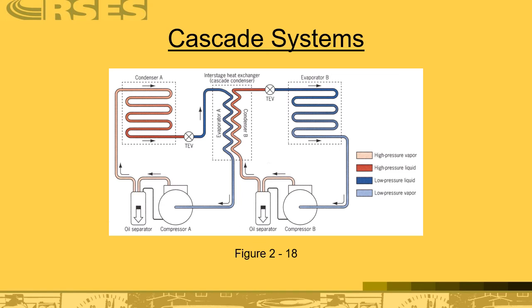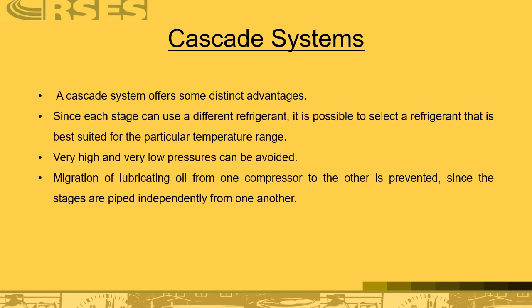If you look, you've got compressor A, compressor B. Notice that you have an interstage heat exchanger for the cascade condenser. You've got condenser A and condenser B, and you have evaporator A and then evaporator B. And notice that both of these have oil separators, which indicate that this is an ultra low temperature system. Oil recovery is extremely important here.